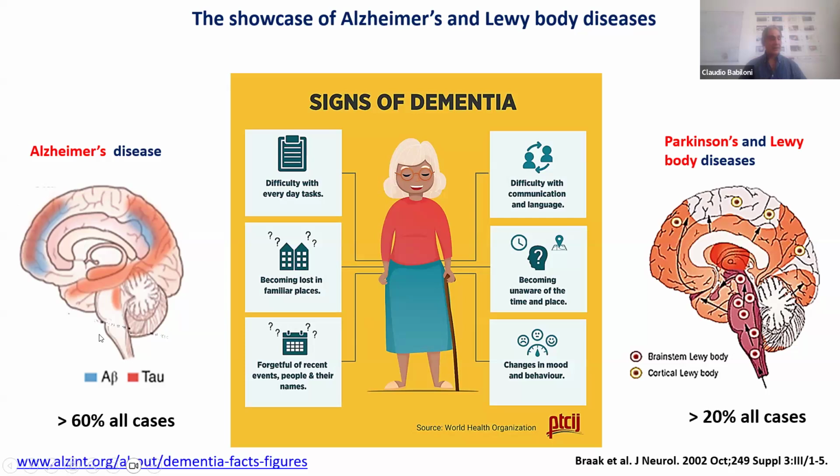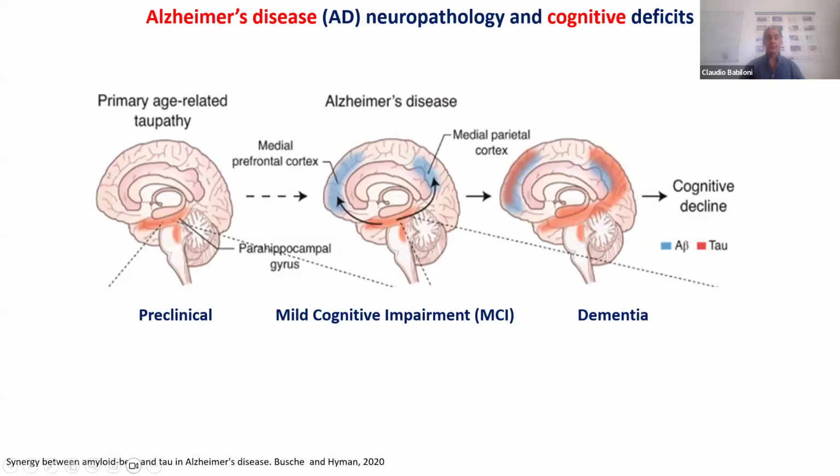Alzheimer's disease is the most prevalent disease belonging to dementia. And you see the evolution of the disease, for example, Alzheimer's disease.